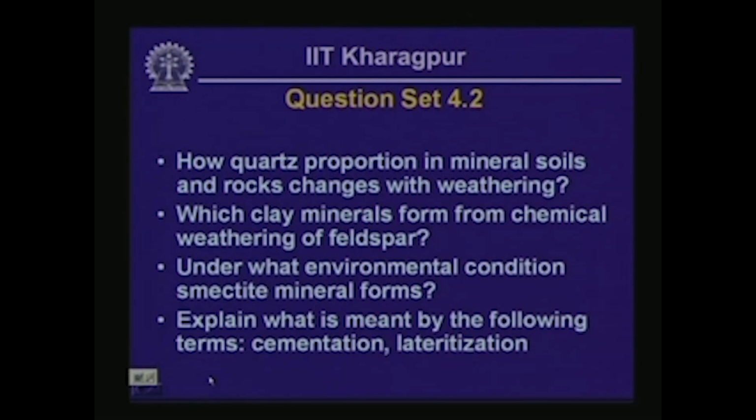Then the third question which was asked was, under what environmental conditions smectite mineral forms. If you recall, I indicated in the last lesson itself that smectite mineral forms basically in arid environment where water is not abundant.